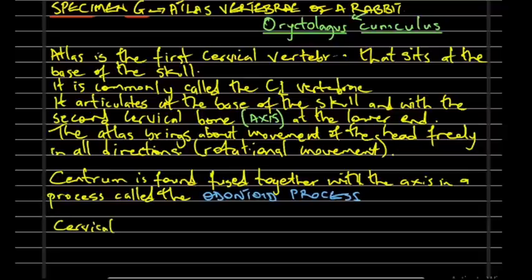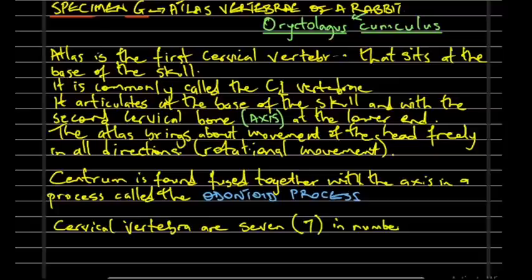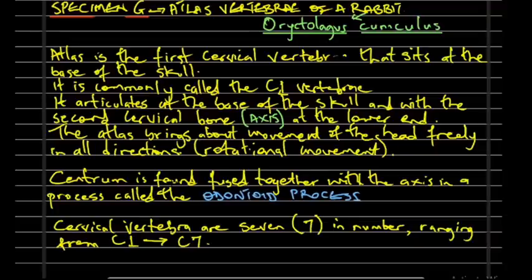The bones of the neck, the cervical vertebrae region, are a total of 7 in number, ranging from C1 all through to C7. So those are the things that we want to talk about discussing the atlas vertebrae.